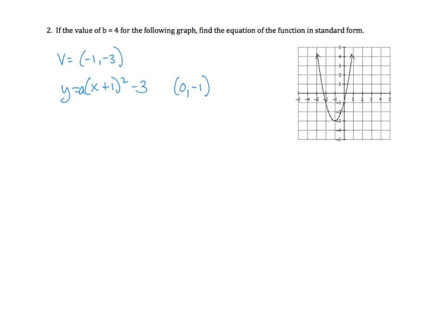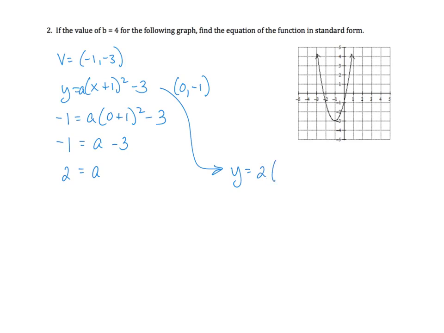So x must be 0 when y is -1. So that means -1 equals a minus 3. If I add 3 to both sides, I get a equals 2, which means that my equation must be y equals 2 times x plus 1 squared minus 3.